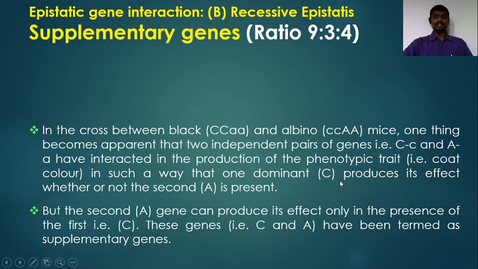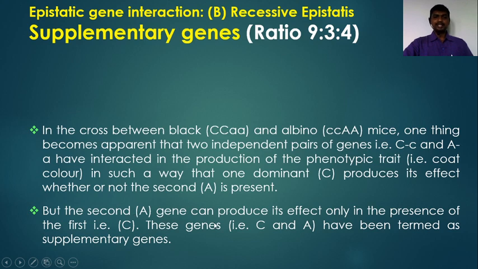If the A is small, then the color is black. So this C can produce its effect whether the A is present or not. If it is present, it is agouti. If it is not present, it is black.